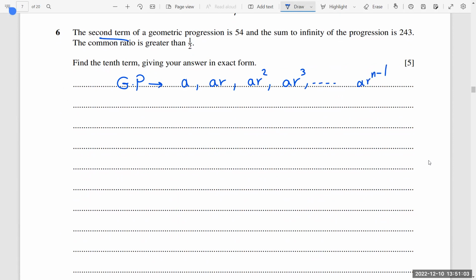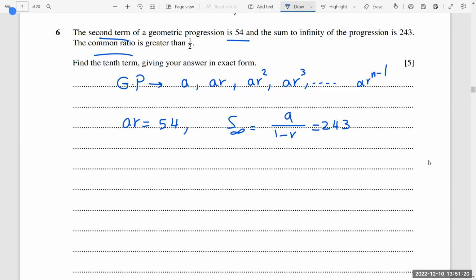So as the second term here is 54, it means ar is 54, and sum to infinity, which is a over 1 minus r, is 243. The question now: find the common ratio.